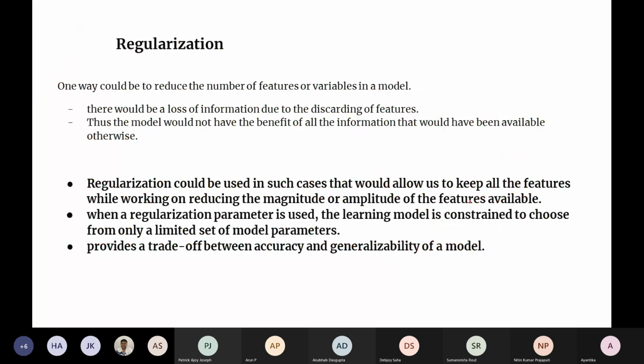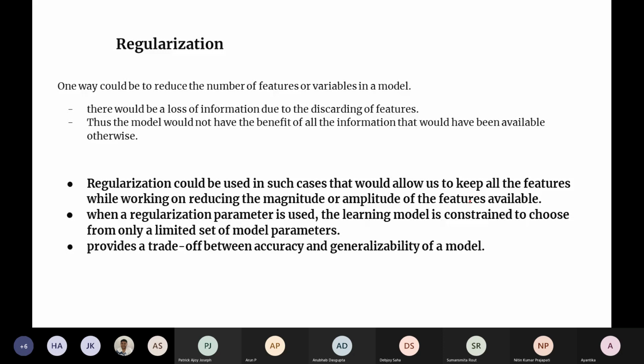Now what do we do in regularization? In regularization, we consider one model. Okay, better I will come to this later on. Better I start our discussion with a simple linear regression example, to show what we actually do in regularization.